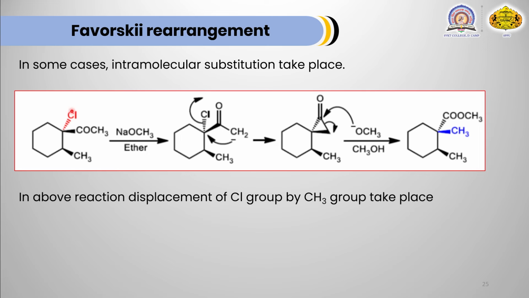In this case, the Cl group which is present here is replaced by a CH3 group, hence we can say that this is a substitution reaction. But this substitution reaction is taking place via a 3-membered cyclopropanone intermediate, and hence it is Favorskii rearrangement.